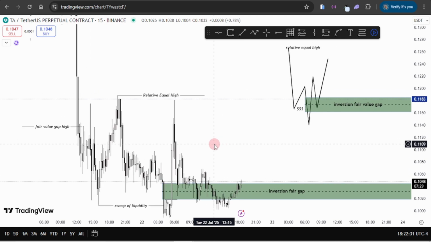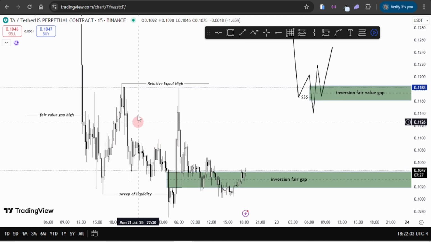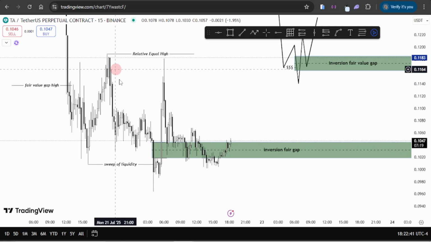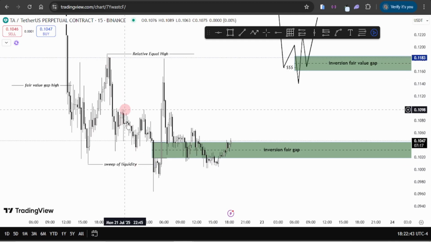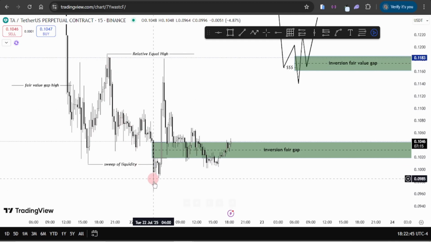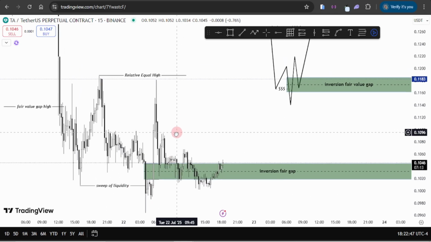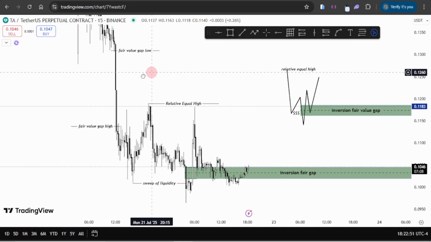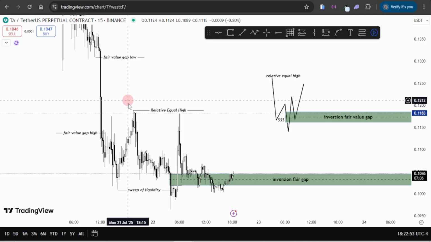Now the third premise is that we are convinced that price actually created this high before taking this low, and within this price range or dealing range, there is still a chance for price to continue gravitating to the upside.